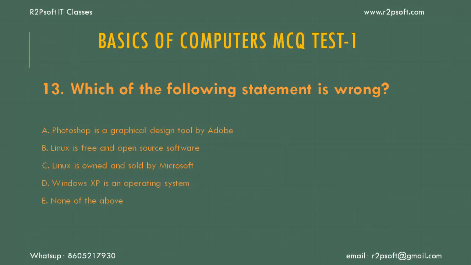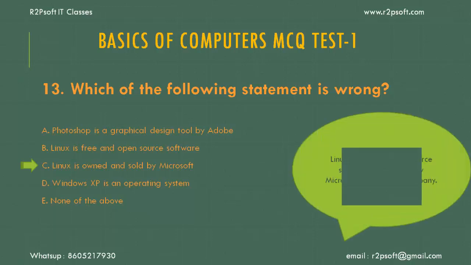E. None of the above. Answer is C. Linux is owned and sold by Microsoft. Friends, Linux is free and open source software. It is not sold by Microsoft or any other company.